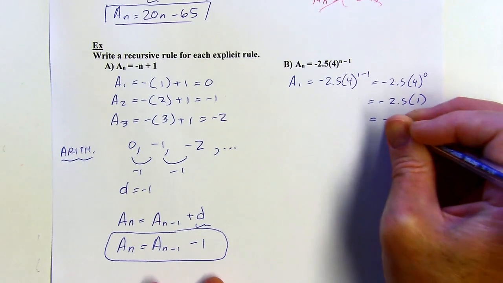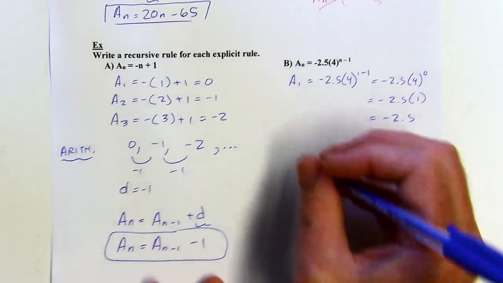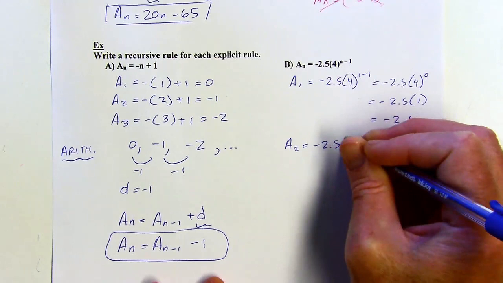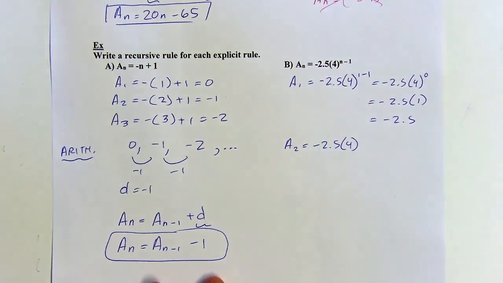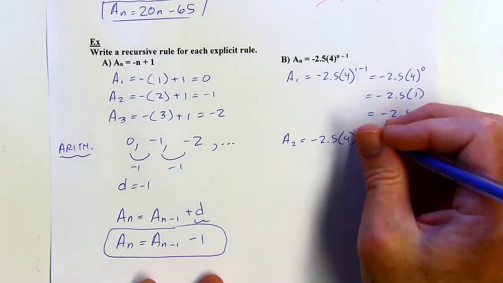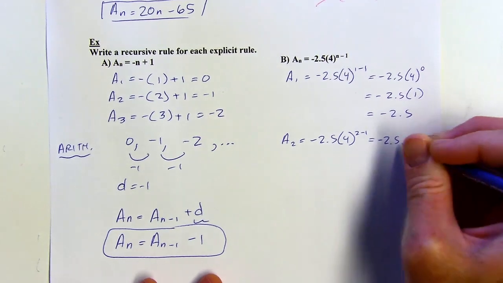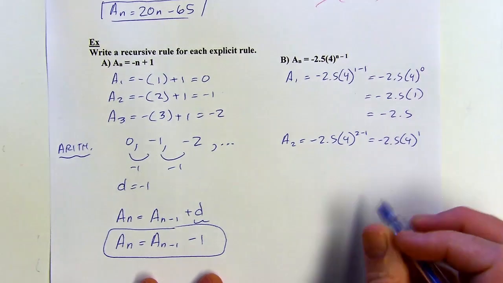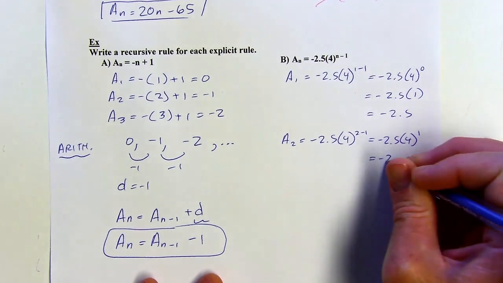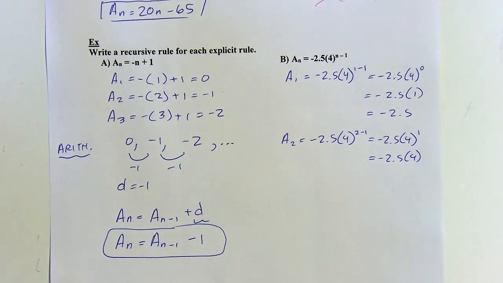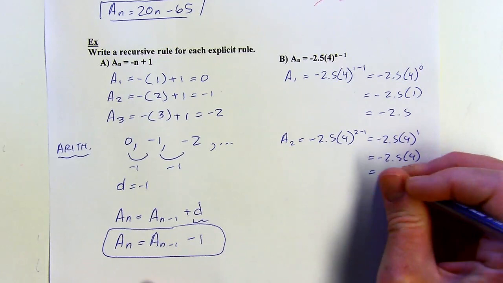So then that first term is negative 2.5. Let's find the second term. So I've got here negative 2.5 times 4 to the first. Well, 4 to the first is just 4. And then, let's see, negative 2.5 times 4 is going to be negative 10.